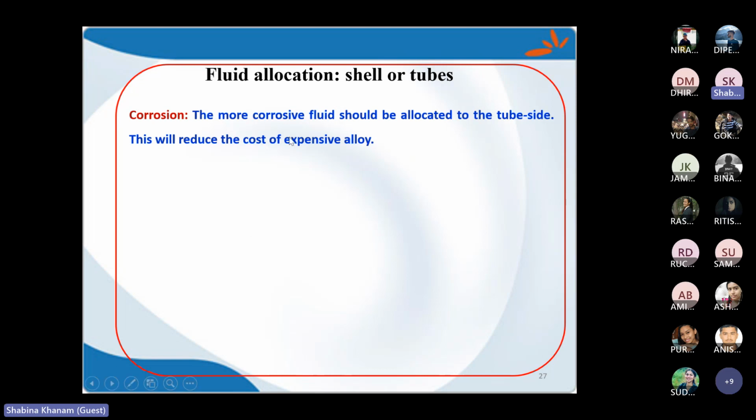Those alloys are expensive in comparison to the usual material of construction. And as I have told you, making a tube is cheaper than making a shell. So you can make the tube with an expensive alloy at less cost than the shell. So the more corrosive fluid should be allocated to the tube side, not the shell side.